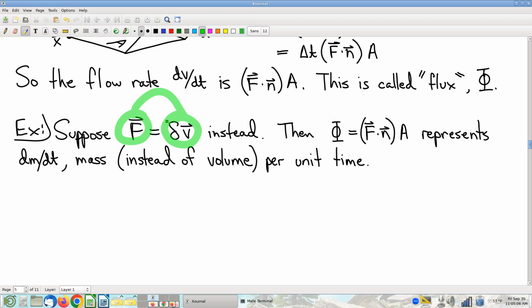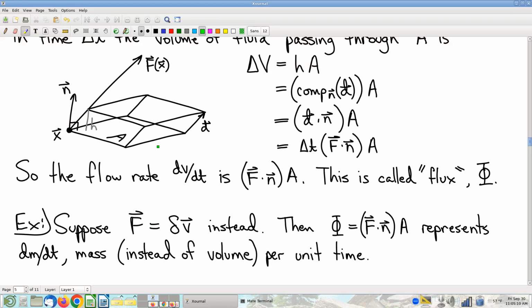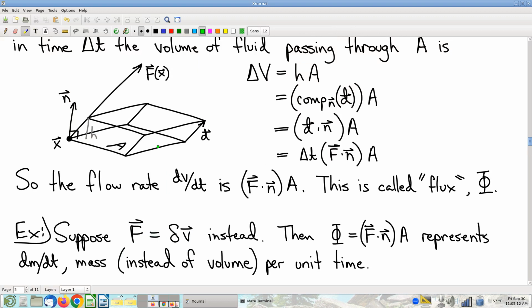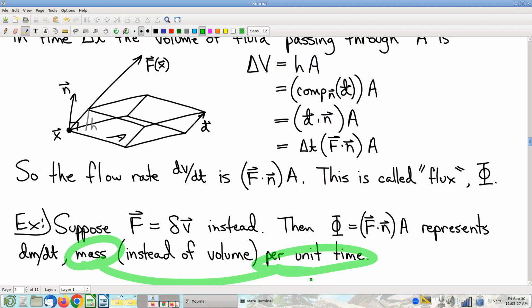And I'm going to leave the following as an exercise to y'all. It's going to be a nice test of the extent to which you understand what happened here. It's going to follow this calculation almost exactly. But how would everything be different if we were interested in mass per unit time instead of volume per unit time?